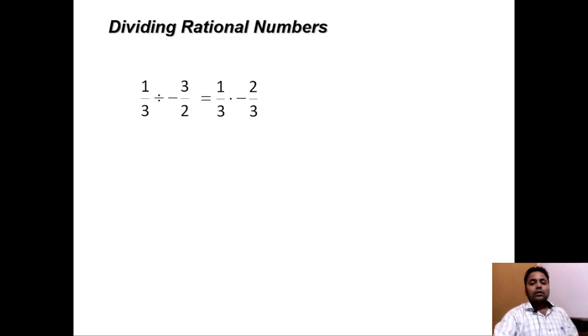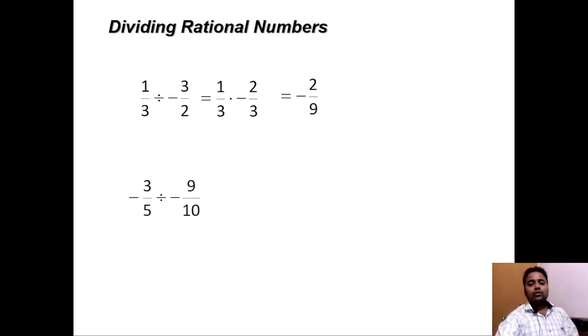So minus 2 by 3 is multiplied by 1 by 3, and we can see here minus 2 by 9 is the final answer.